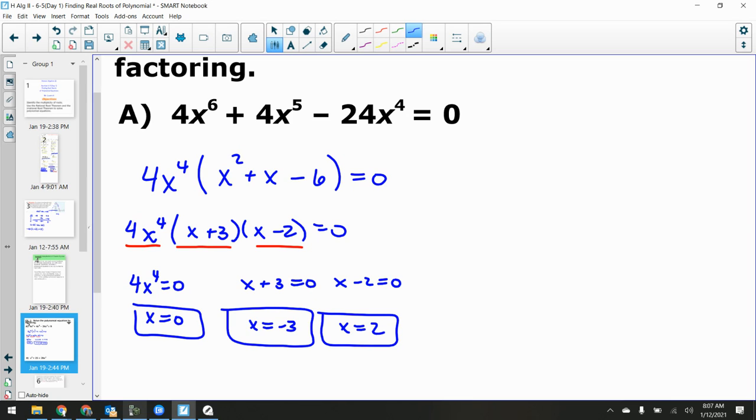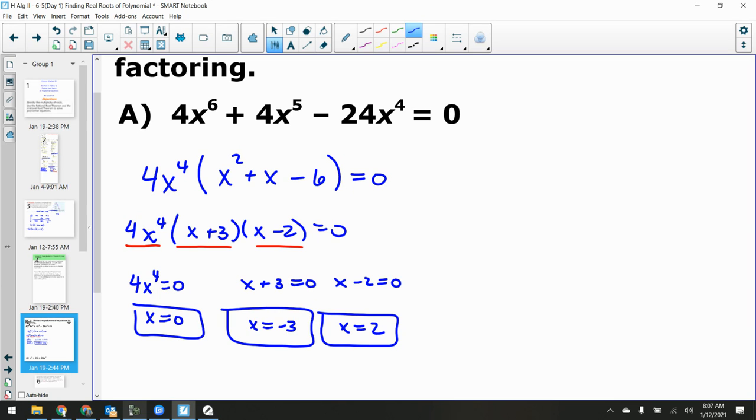Please know that there's a difference between factoring and then finding the roots. You can find the roots by way of factoring. But if I just ask you to factor, you would leave it here. If I asked you to find the roots, you would extend it and actually solve for x. So finding the roots or finding the zeros, you're solving for x.